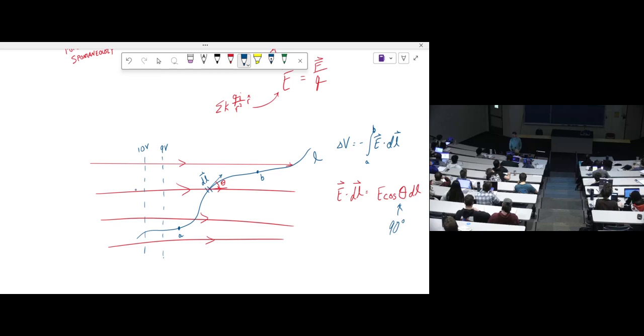And so what we're going to see here in a second is, let's call these different equipotentials. Well, what you end up getting is that the electric field is always going to be perpendicular to equipotential lines. So something like this right here, for the case that I've got drawn.